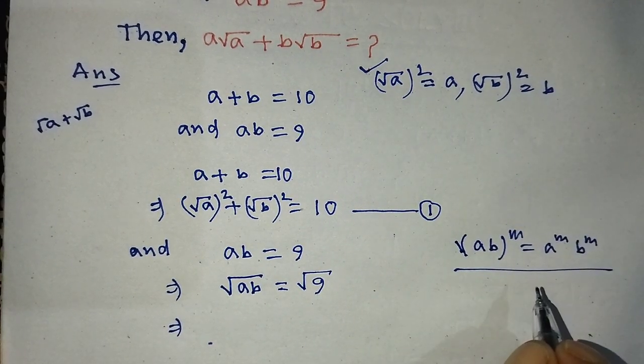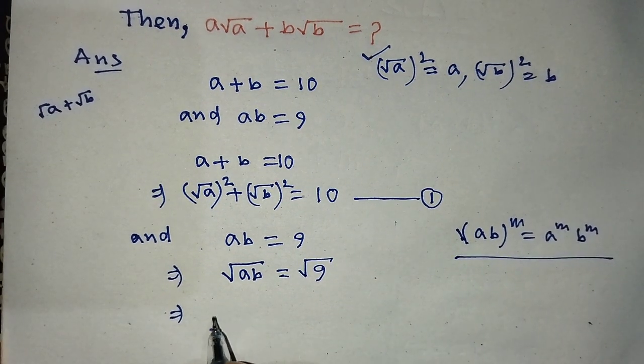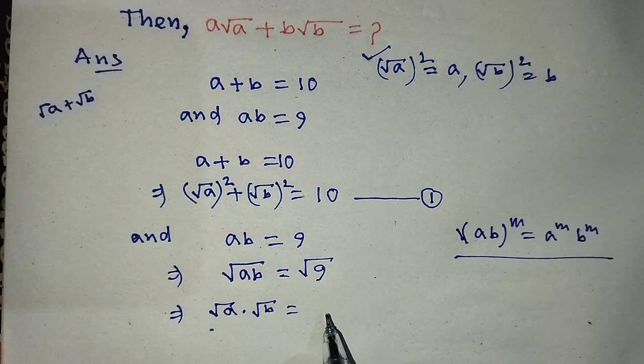So we can write root a into root b is equal to, on the right hand side, the square root of 9. The square root of 9 is 3, so we write 3 on the right side.